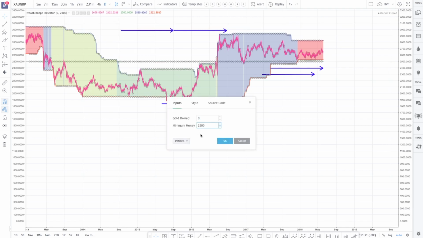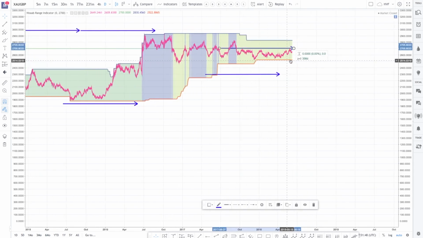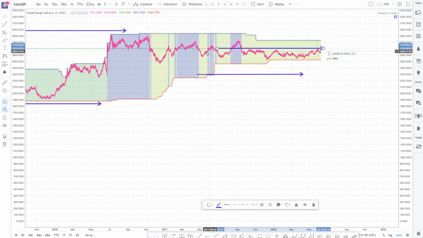Or maybe the minimum you had for the year is 2,600. And therefore you can see here that with 2,600, sometimes it's above, sometimes it's below. So if you had 2,700, if you look here, only during this period of time you were below the Nisaab when it comes to that minimum amount of money you had.